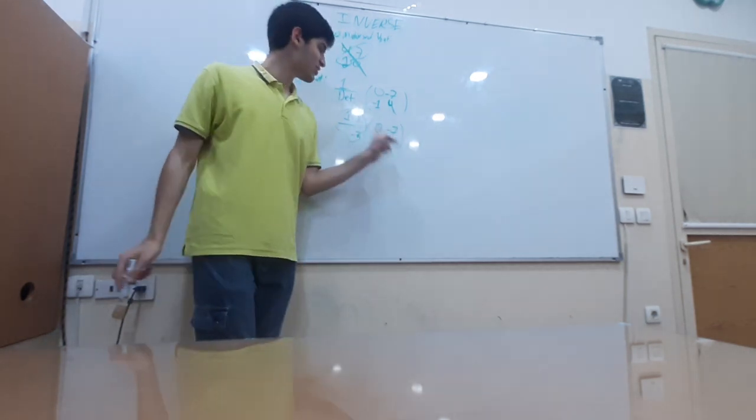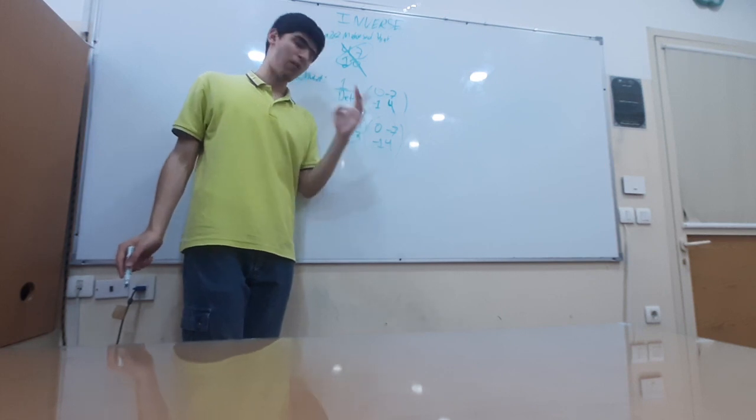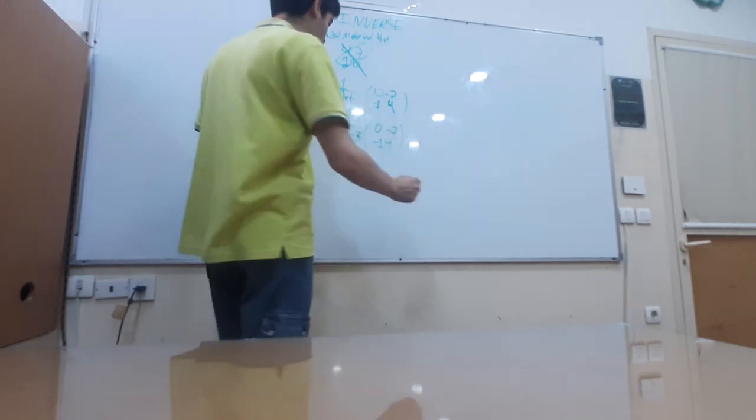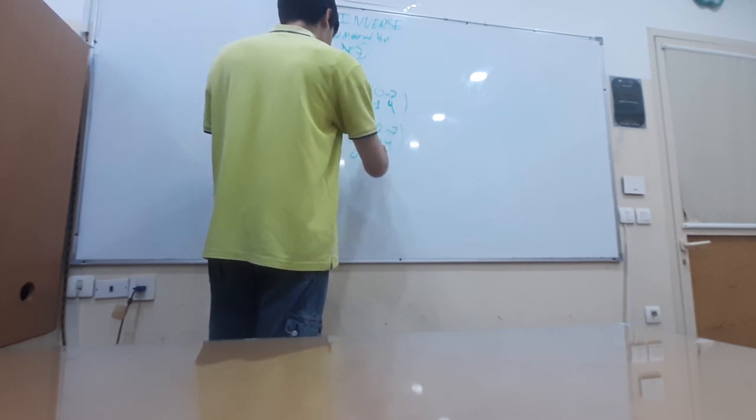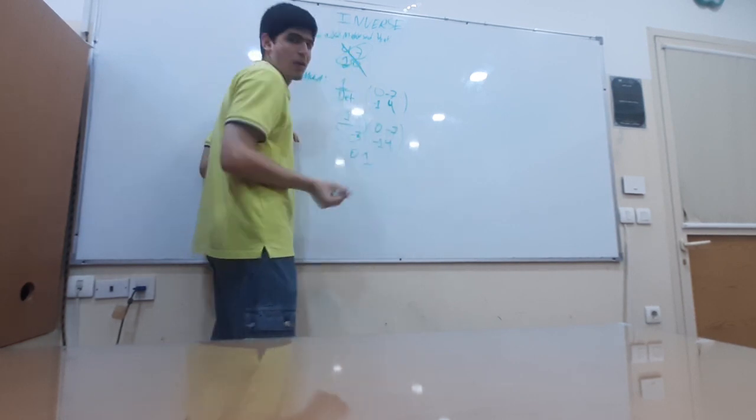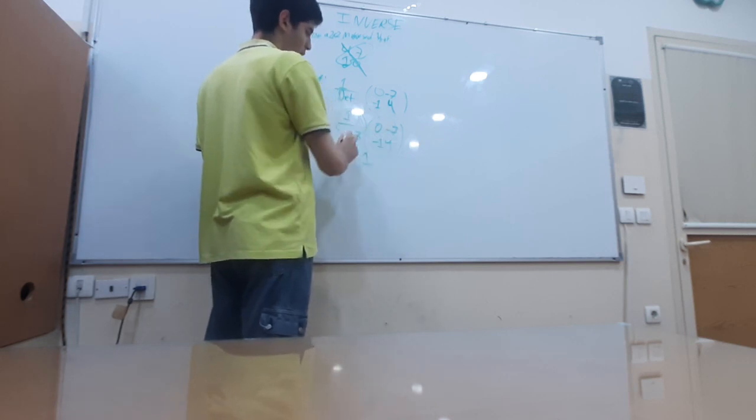We have 4 entries, so we have to multiply 4 times, once by each number. 0 times 1 over -7 is 0. -7 over -7 is +1.